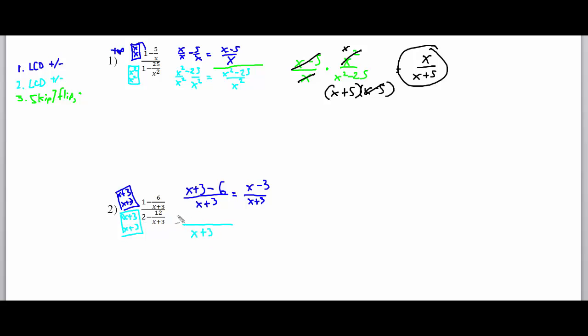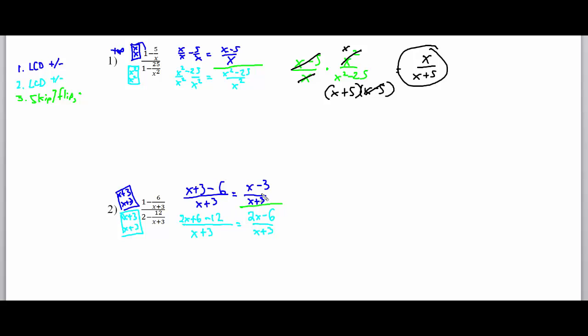So 2 times x plus 3 is 2x plus 6 minus 12. I'm doing a little simplification there. 2x plus 6 minus 12 is the same as saying 2x minus 6 over x plus 3. And now I switch to my green pen, and that green pen will allow me to skip, flip, and multiply.